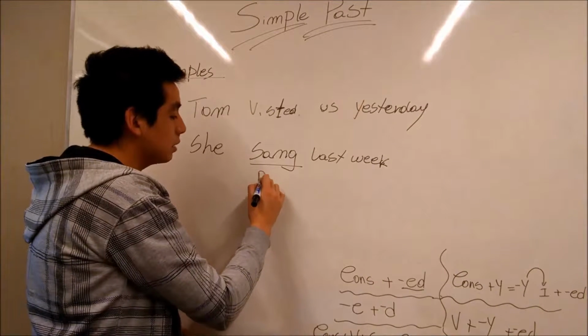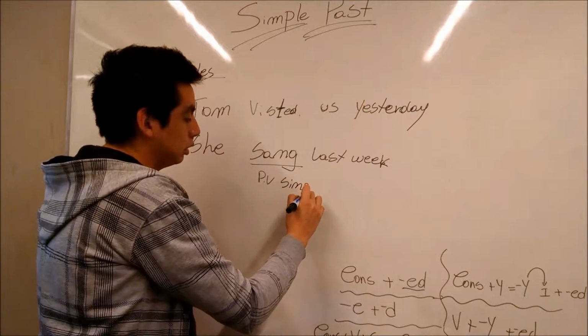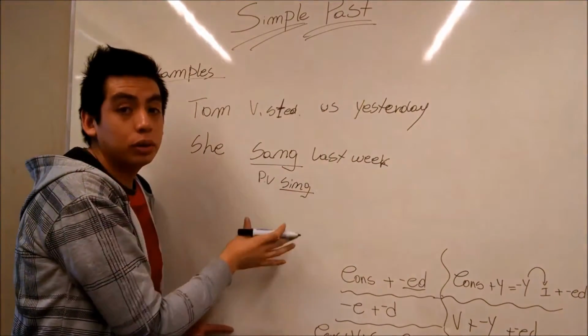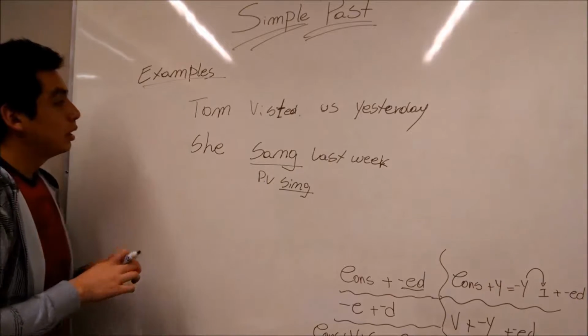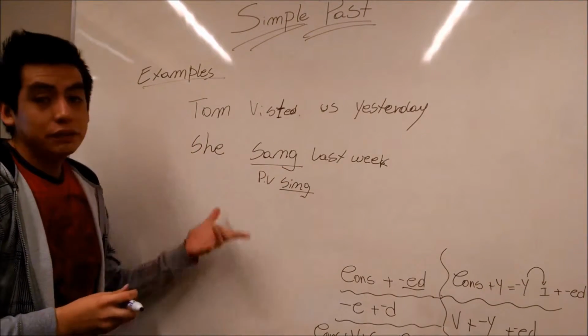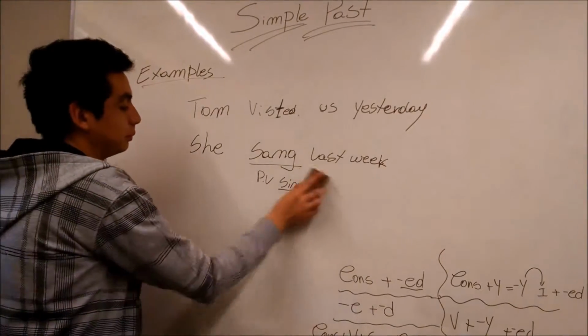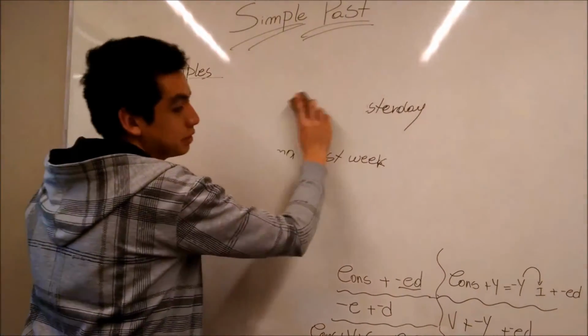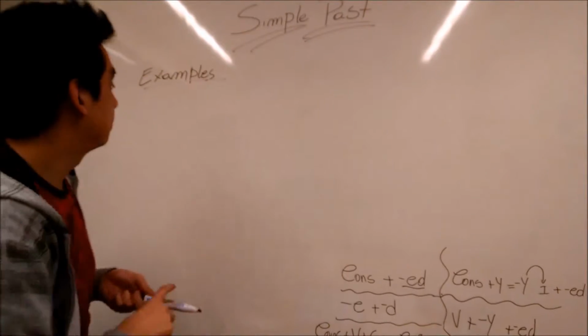Sang is the past verb of sing. This is an irregular verb. So, those were affirmative sentences. Now we're gonna see negative sentences.